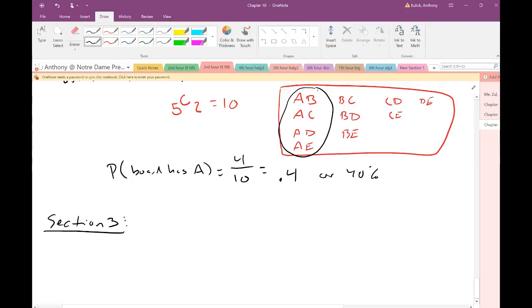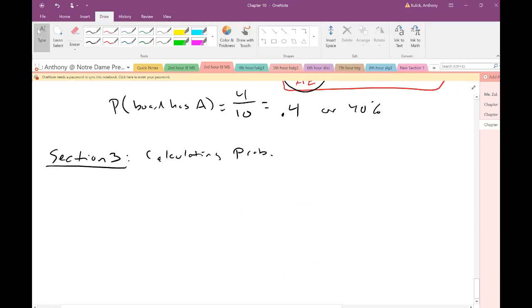Section 3 is calculating probability. I don't know why we need a new section for this, because we've been doing it in all the sections already, but that's usually how probability works.